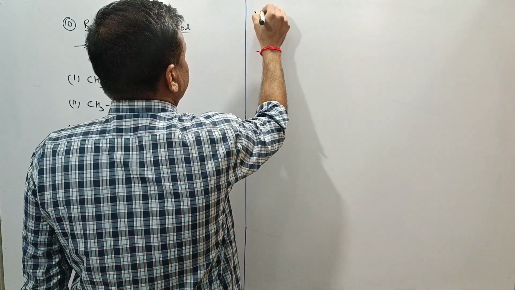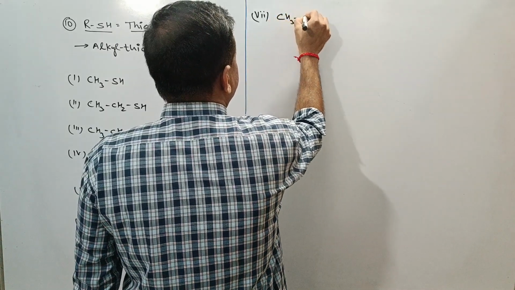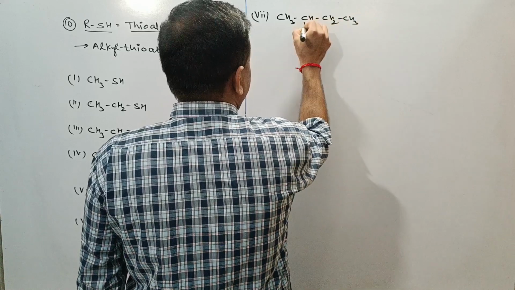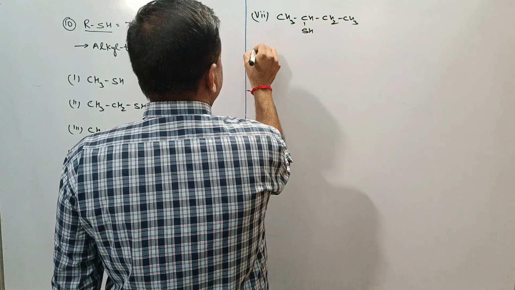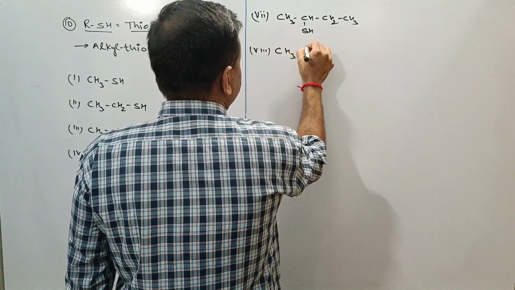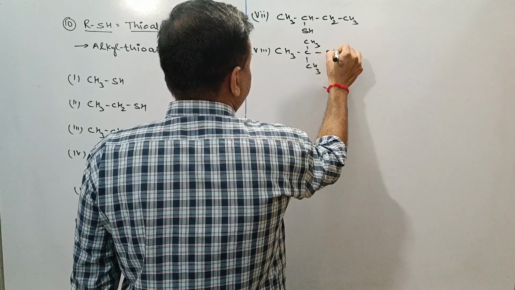As the 7th compound, we can take CH3CHCH2CH3 with SH. The 8th compound we can take is CH3, CCH3CH3 and SH.